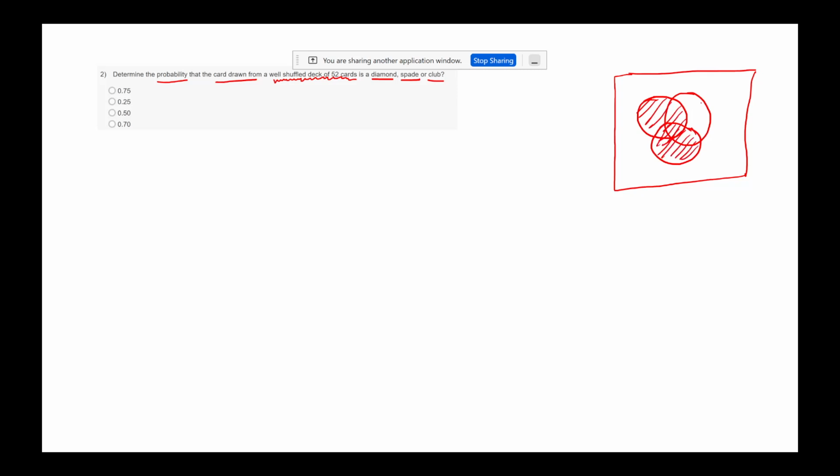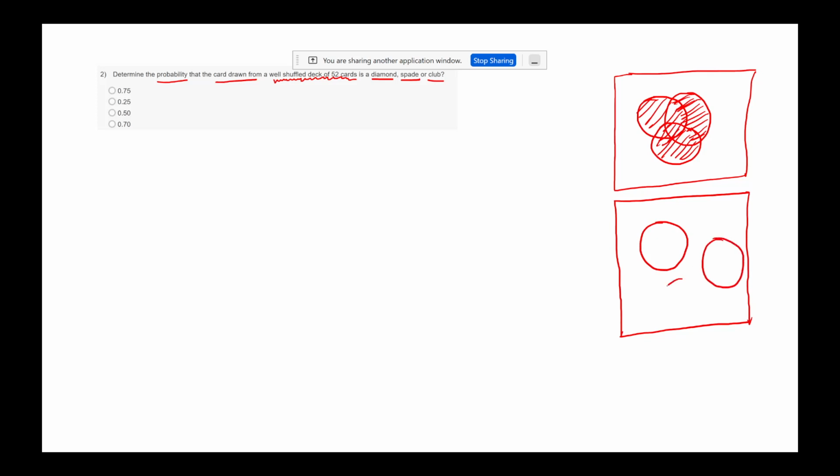Now this is not a correct depiction because there is no intersection between diamond, spade and club. So this will be A, B, C. Here is also A, B, C.